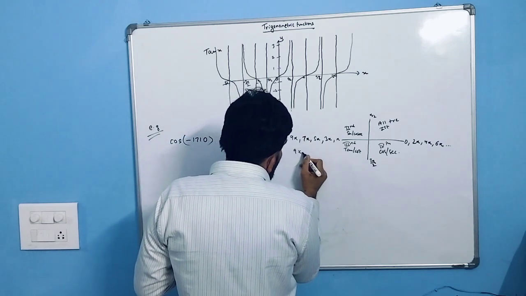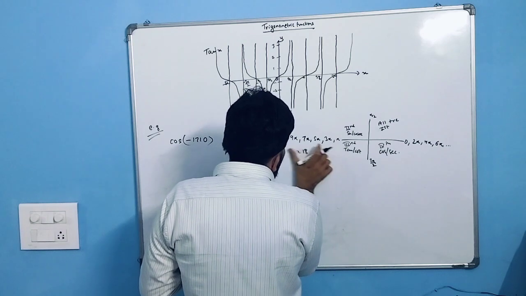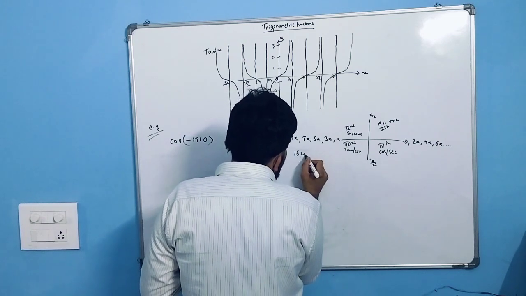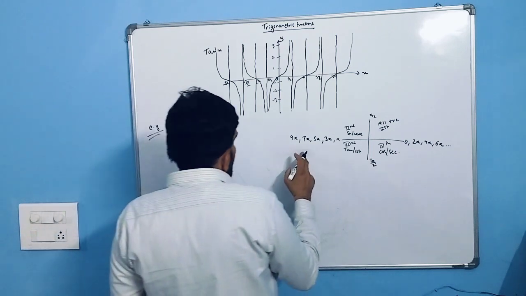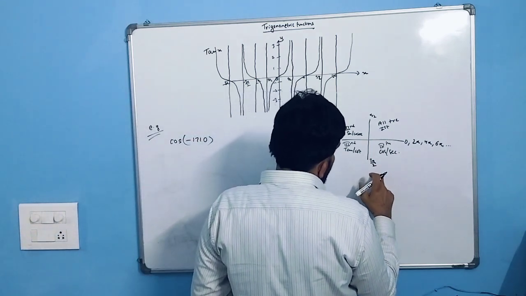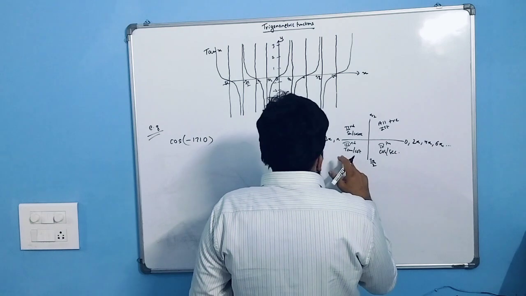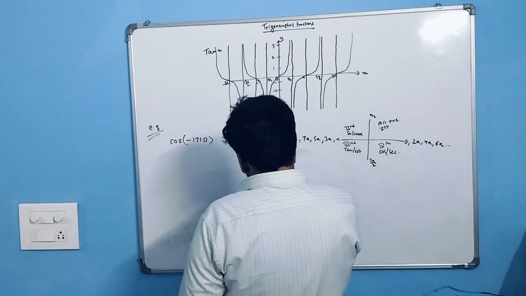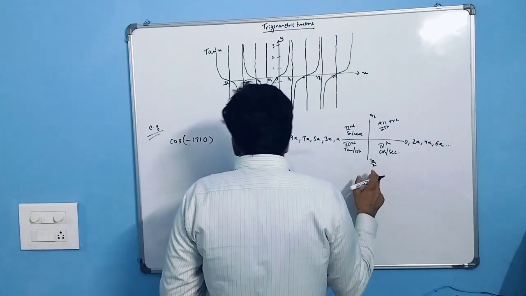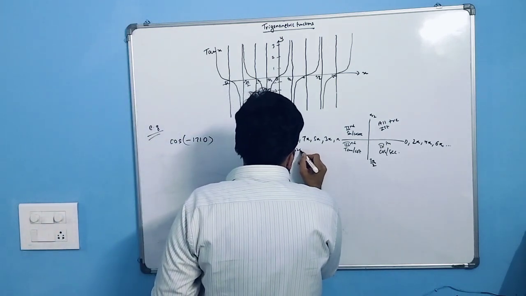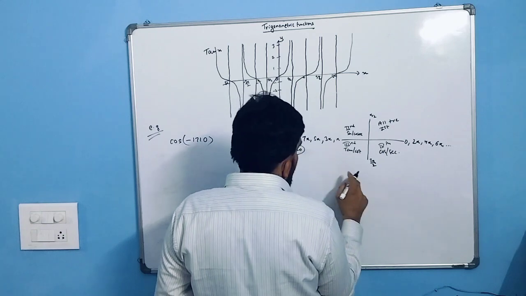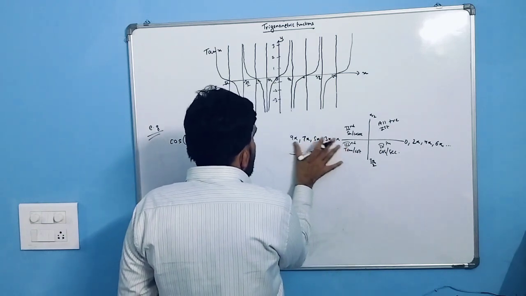So 9 into 18, it will be 1620. Now we need to move more from 1620. Here I will get this. Okay, 1800. I think we need to sort it out. So it is 1620. Then I find this value is minus 1800.